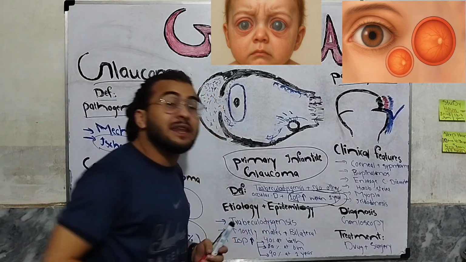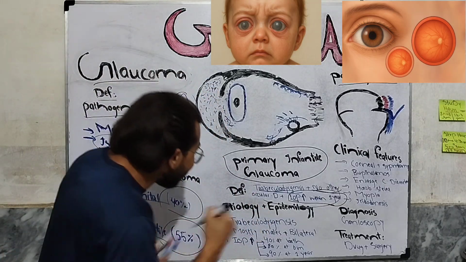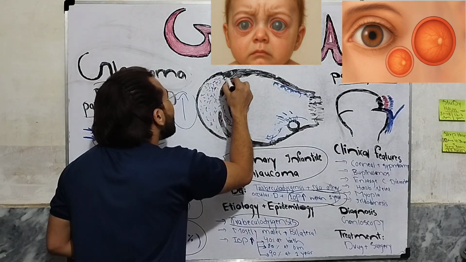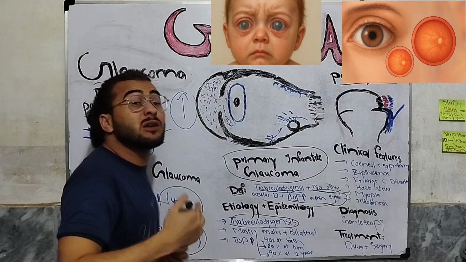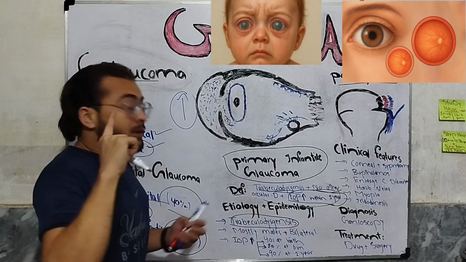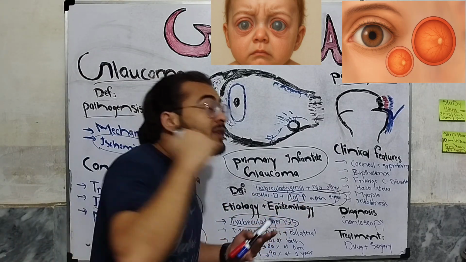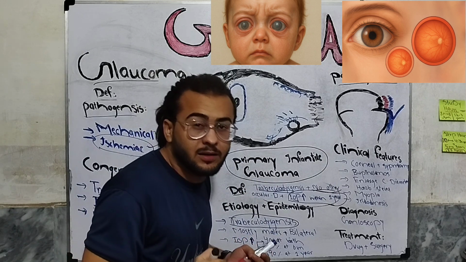Now, etiology and epidemiology. As it is caused by trabeculodysgenesis, it means there is a developmental anomaly in the trabecular meshwork. Okay, it is most commonly encountered in males, and in 70% of cases it is a bilateral condition.